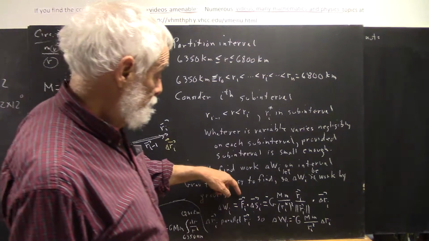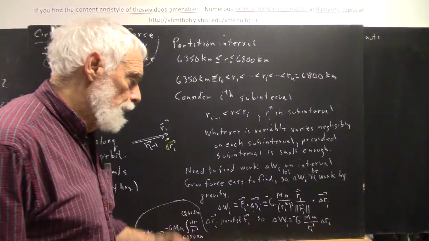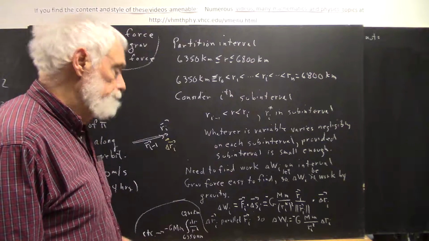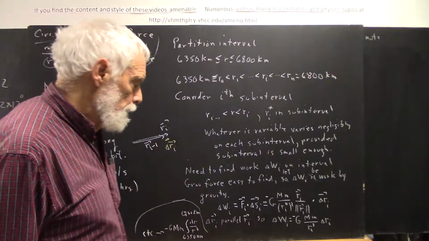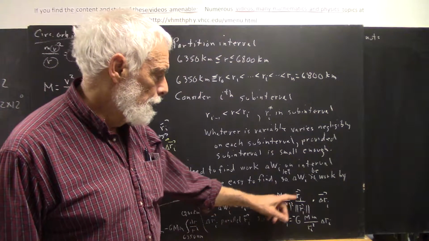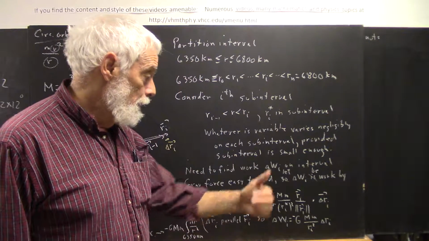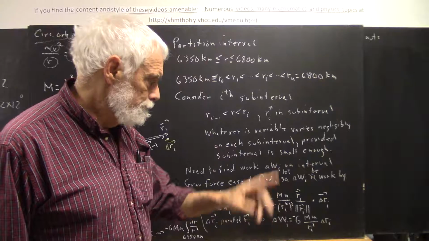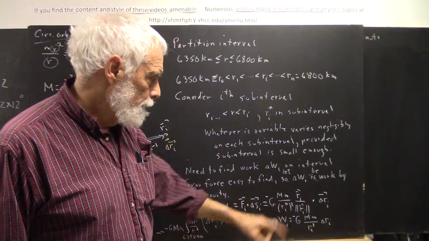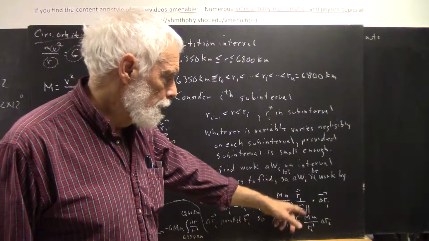Well, F sub i is what? We calculate F sub i based on r sub i. Now this is a vector, so I'm going to use the vector form of Newton's law of universal gravitation. Here is the vector form where I'm using r sub i for all the r's. Here's our unit vector in the direction of the displacement, in the direction of increasing r, in the direction of r sub i.